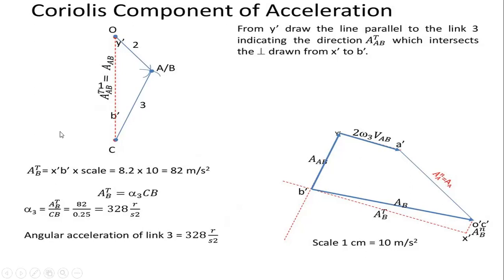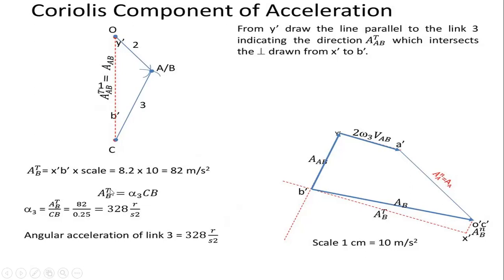Then we need to find the angular acceleration of link 3. For this, we need the tangential acceleration of B and the length of CB.